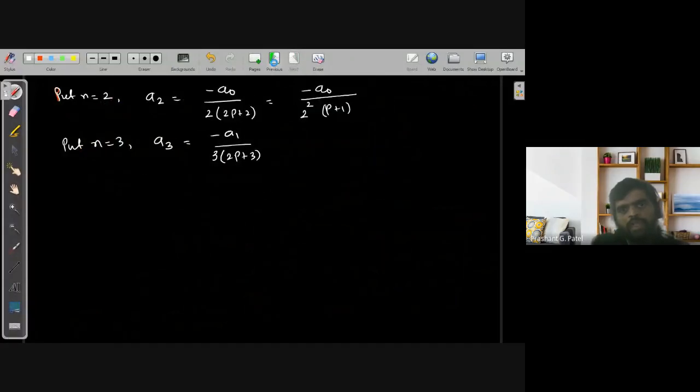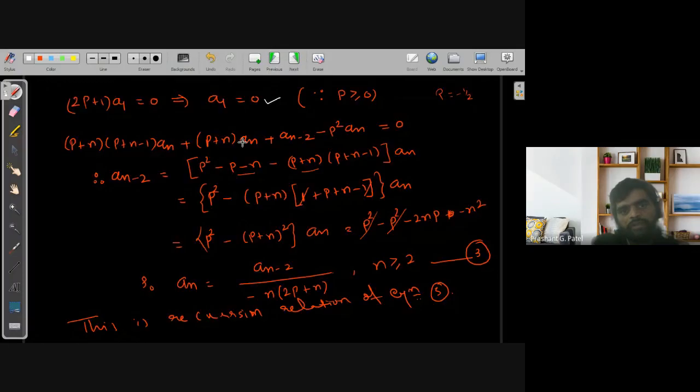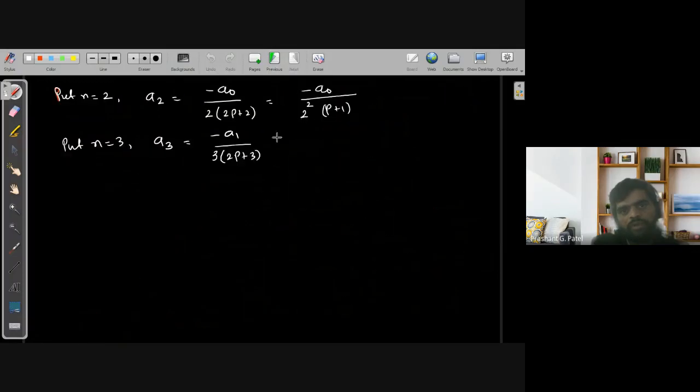But we already calculated that a1 is 0, so this quantity will become 0. Put n equal to 4 in that equation. We'll have a4, which is minus a2 upon 4 into (2p plus 4).